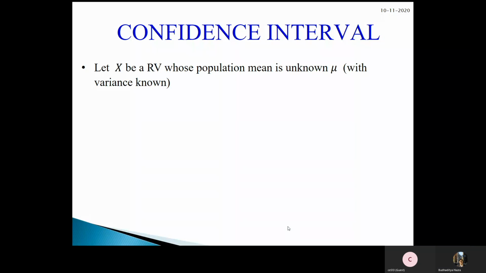Sometimes these assumptions have to be made in order to explain certain things, because if both mean and variance are unknown, then this whole mathematical treatment becomes a little difficult. So let X be a random variable whose population mean is unknown, mu.